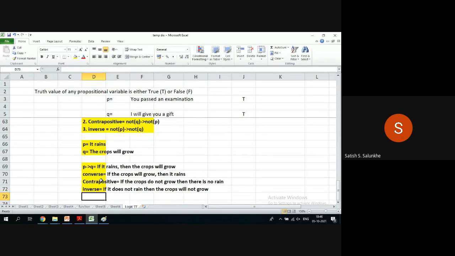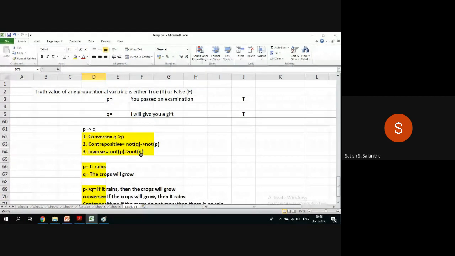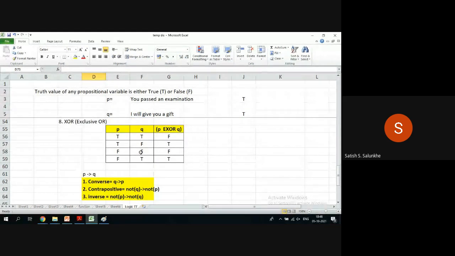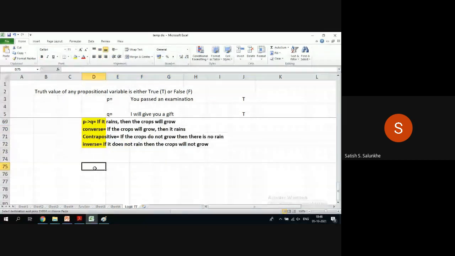Good. Appreciate. So now what I request to everyone, kindly draw the truth table for this. I want to know the truth table values. One minute, I will just draw here.